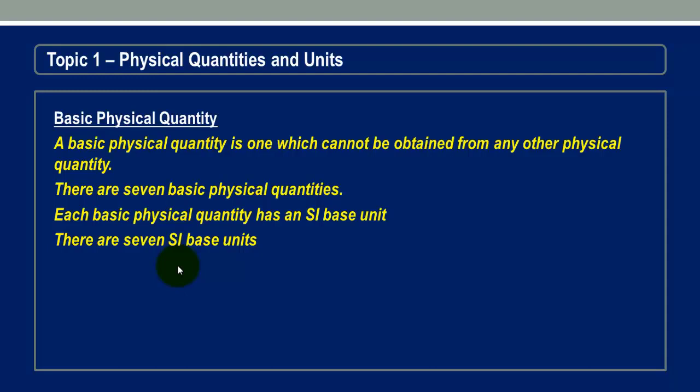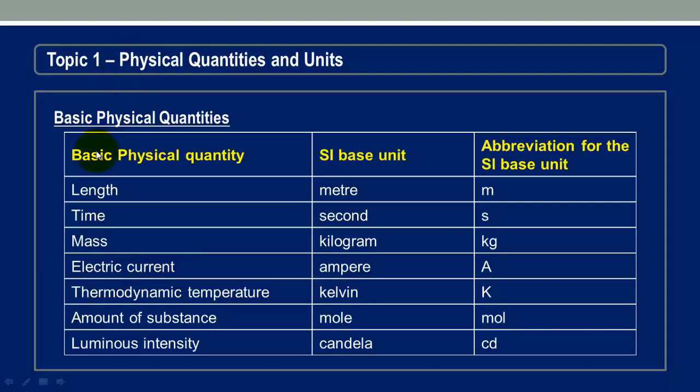And this can be put in a table as follows. So in this column, we have basic physical quantity, then we have its SI base unit, and then we have the abbreviation for the SI base unit. The first one is length, its SI base unit is meter, and the abbreviation for meter is lowercase m.